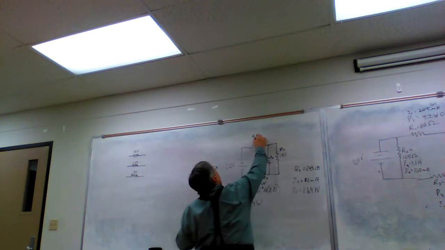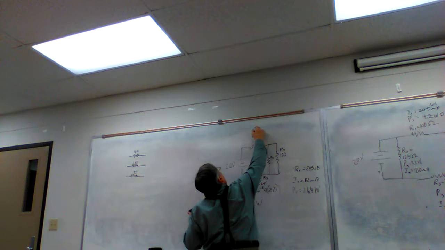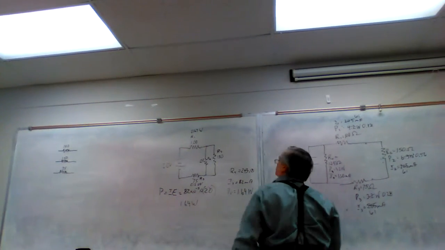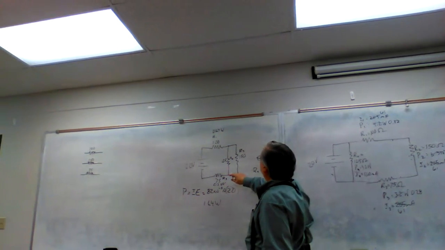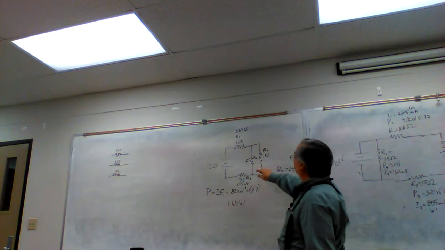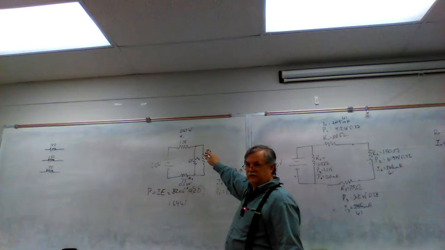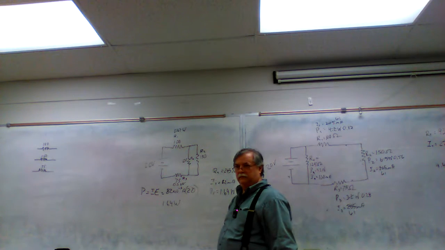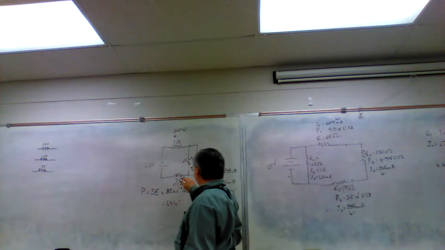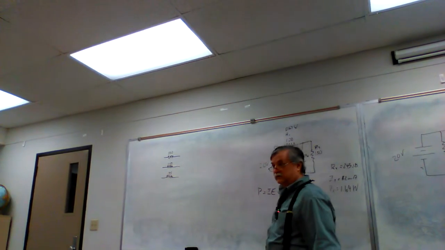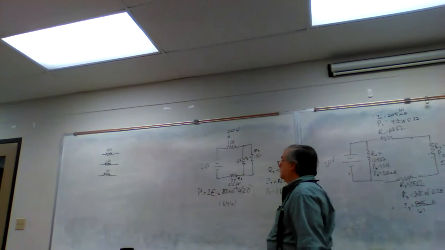And here we're going to dissipate 0.67 watts. Now, how do we find out the power dissipated in these resistors? What voltage drop across these resistors? Well, it's 20 volts minus whatever's dropped here and minus whatever's dropped there.